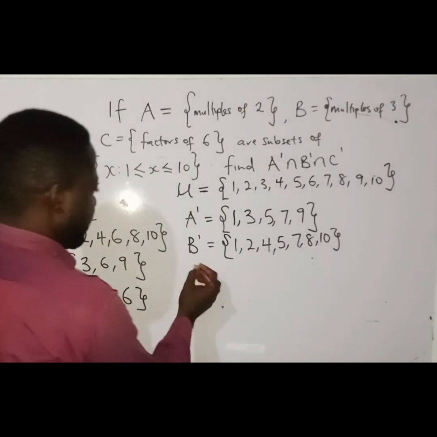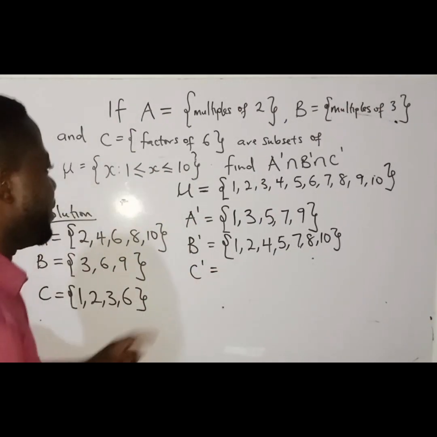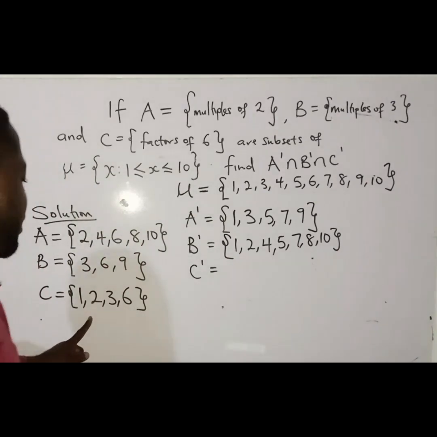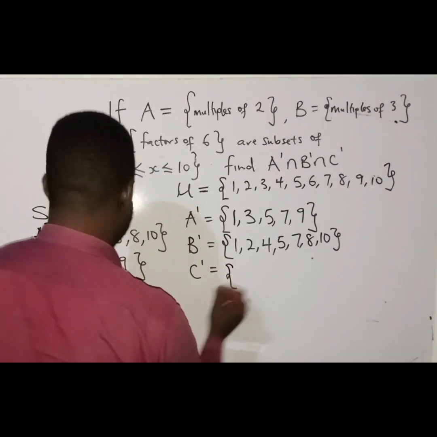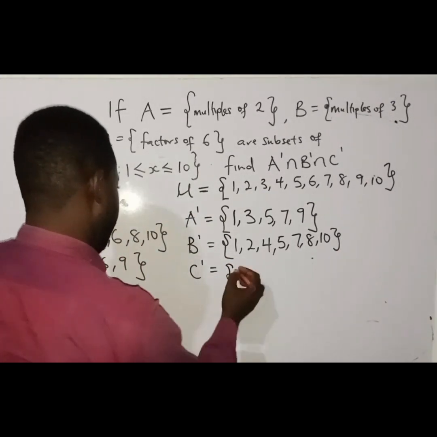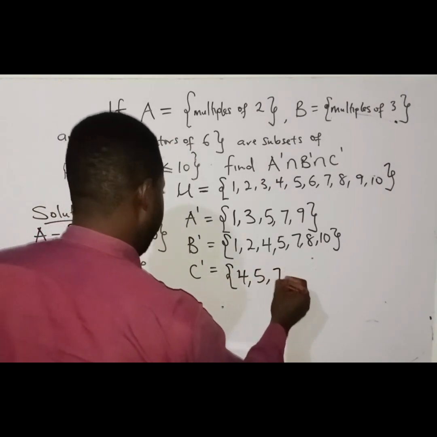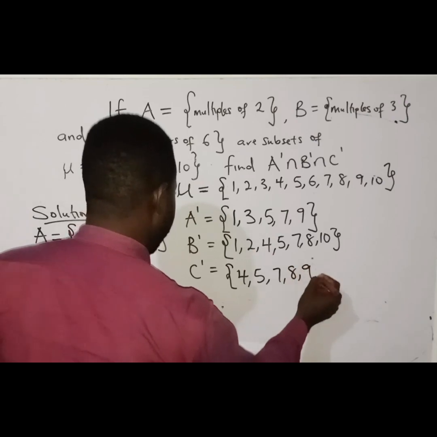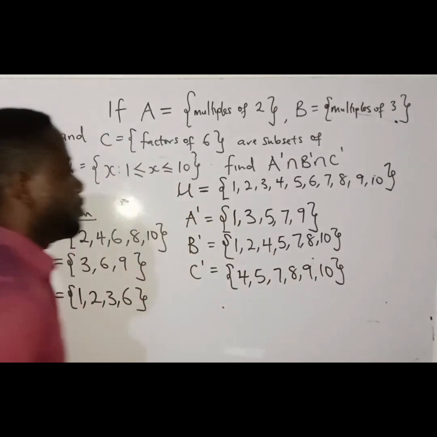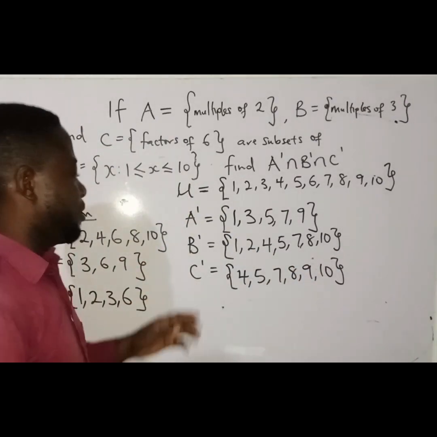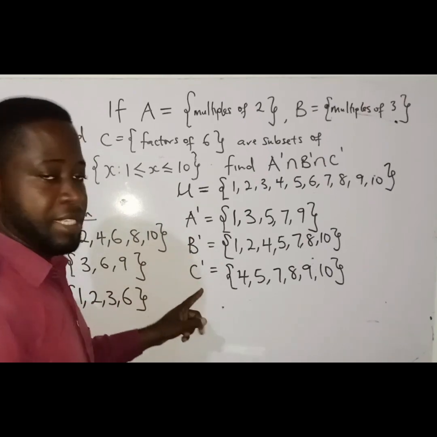Then C complement. These are the members of the universal set that are not in C. So in that case, I'm going to have 4, 5, 7, 8, 9, and 10. So these are the members of A complement, B complement, and C complement.